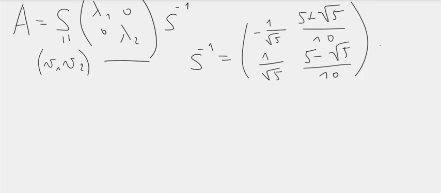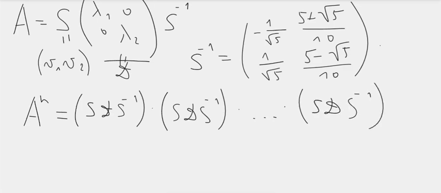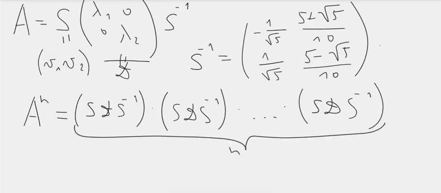So now to find A to the power of n, we simply write that this is S, let's denote this diagonal matrix as D, S D S to the power minus 1, and again S D S to the power minus 1, and so on, in total n times.